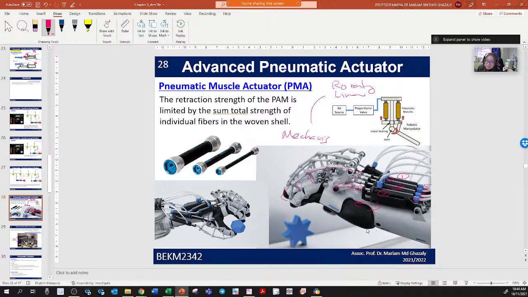Mechanism is always combined with an actuator, normally pneumatic or hydraulic or motor, an electrical actuator. So mechanism is a must in any system. Converting motion is either from rotary to linear and linear back to rotary, and some convert from rotary to rotary. Example, your bicycle. How many gears does a bicycle have?